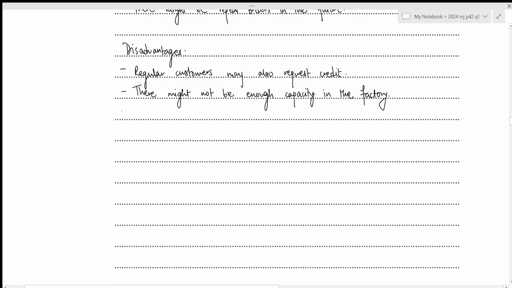The next thing is that in order to produce additional 900 units, we would need additional labor as well as materials, which might not be available. Let's write it down. Additional labor and materials may not be available.